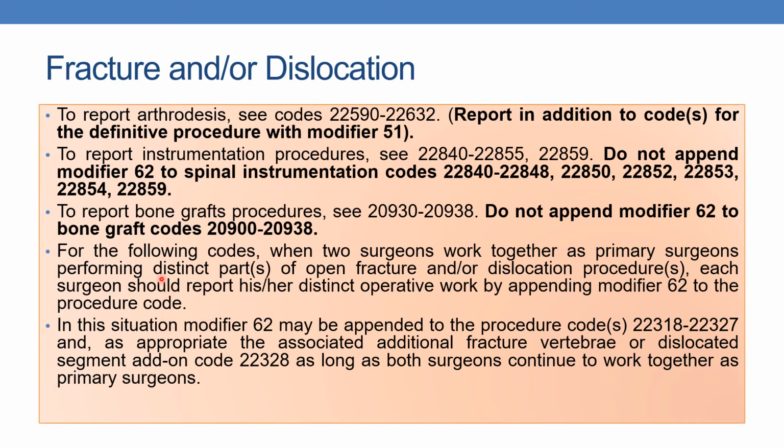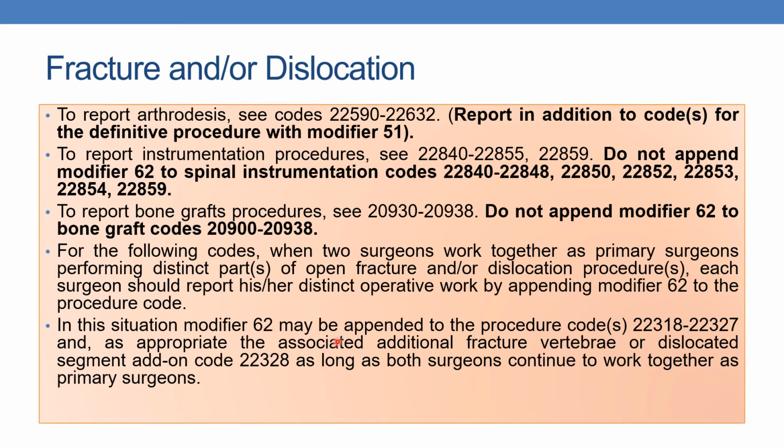In general, apart from bone graft or spinal instrumentation CPTs, whenever fracture or dislocation codes are used, and whenever two surgeons work together for the treatment of fracture or dislocation as primary surgeons performing distinct parts of an open fracture or dislocation procedure, each surgeon should report his or her distinct operative work by appending modifier 62.